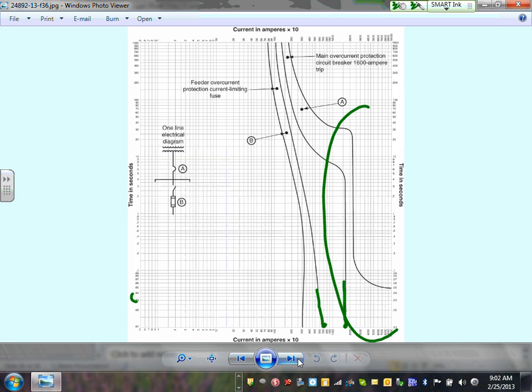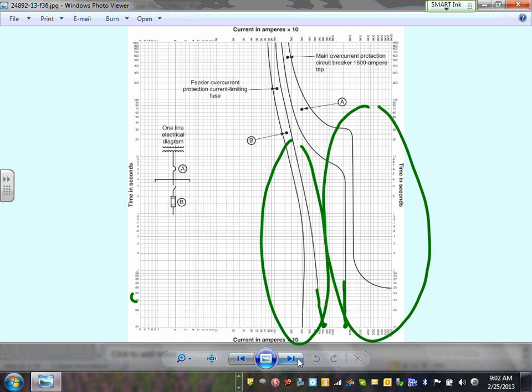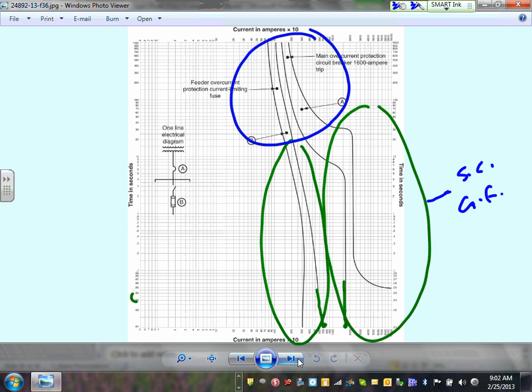This part is your instantaneous, and this part is your long time pickup and long time delay and so forth. This area will be for short circuit and ground fault. For the most part, this area will be for overload and sometimes also ground fault.